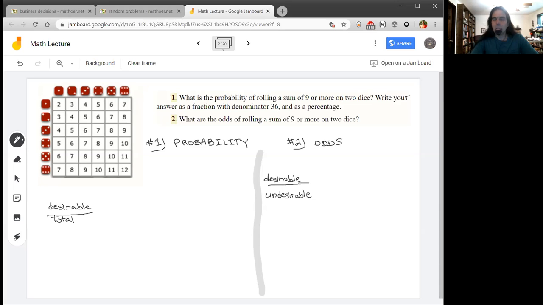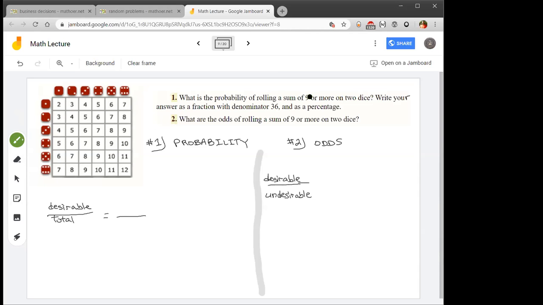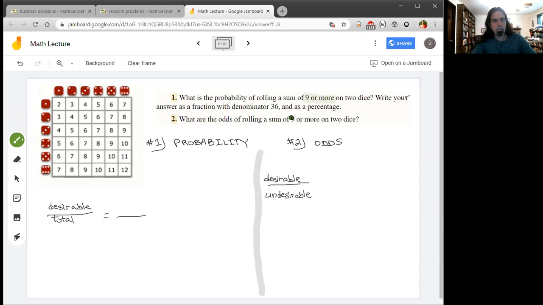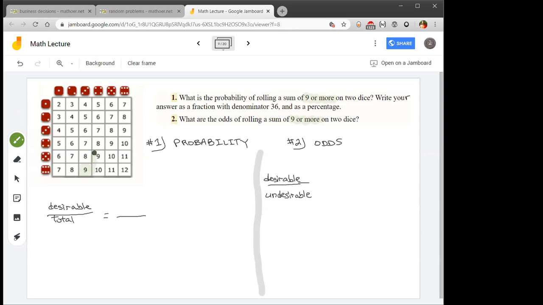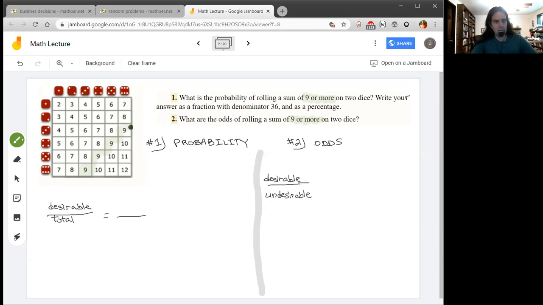What numbers go on top and bottom? Let's start with probability. Four. So we're looking for 9 or more. So 9, this works. Those work. So those are the ones we're counting.